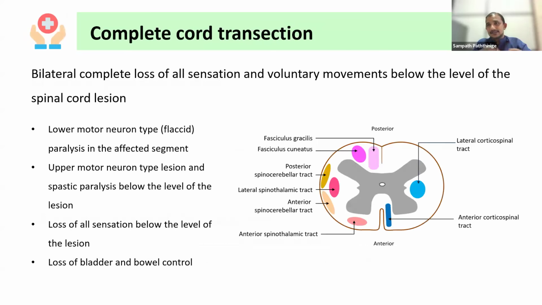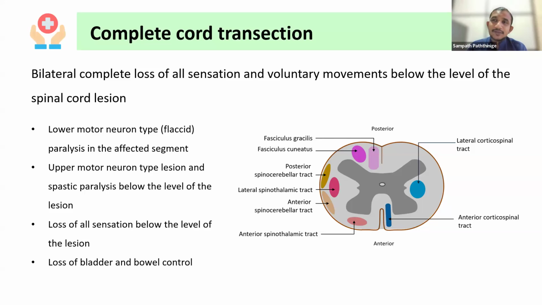So we look at the common things, right? The easiest thing would be the complete cord transection, where the complete spinal cord is damaged. So at the affected segment, the lower motor neuron will be damaged, which will cause the lower motor neuron type of paralysis. As it is just one segment, it might not be very distinct, but you see the upper motor neuron type of lesion, the spastic paralysis, below the level of the lesion with the loss of all sensation on both sides, right?